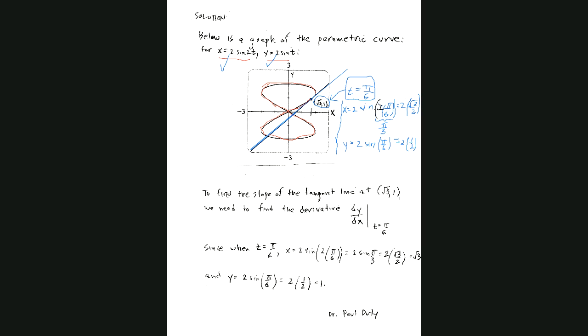Okay, so now what we have to do is, of course, find the equation of the tangent line. And we can see the tangent line there. It is a line. It does have some equation. So what do we have to find in order to get the equation of the tangent line?